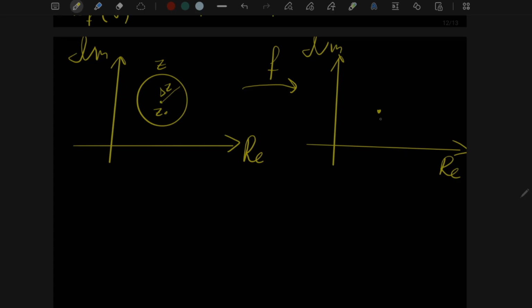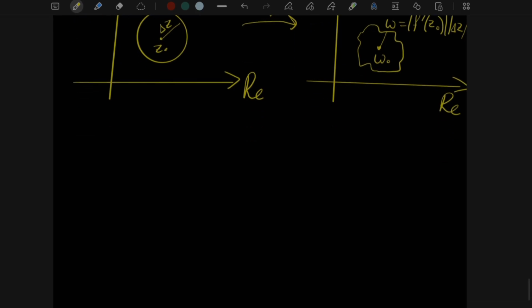The point is mapped onto a point omega naught, and the circle is mapped onto a circle-like shape. And the distance from omega naught to omega is defined as the absolute value of f prime of z naught multiplied by the absolute value of delta z. And as you can see, it will approach the circle.